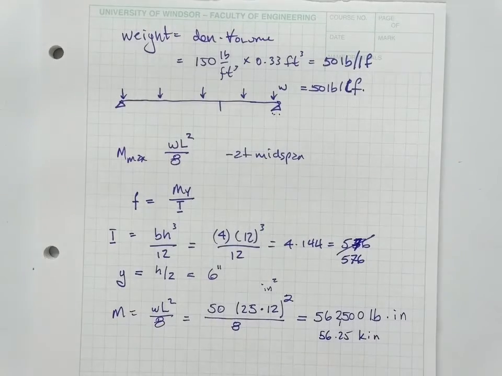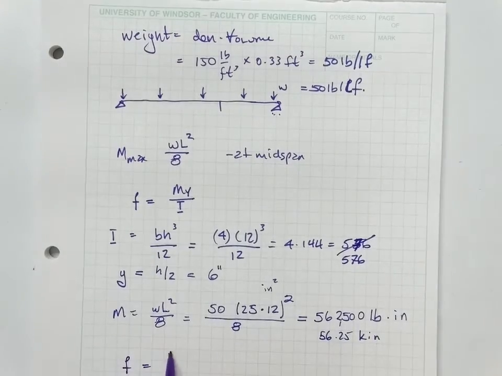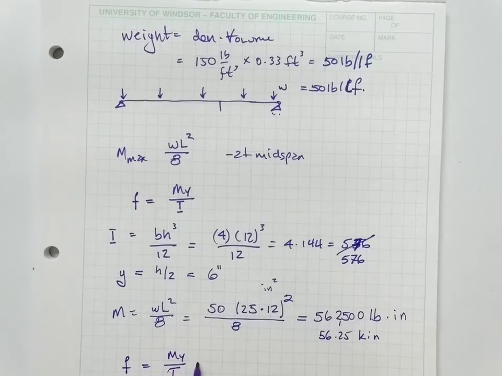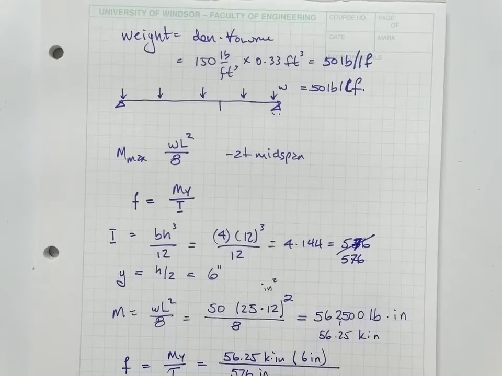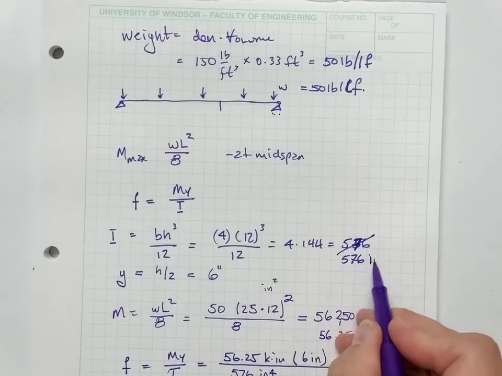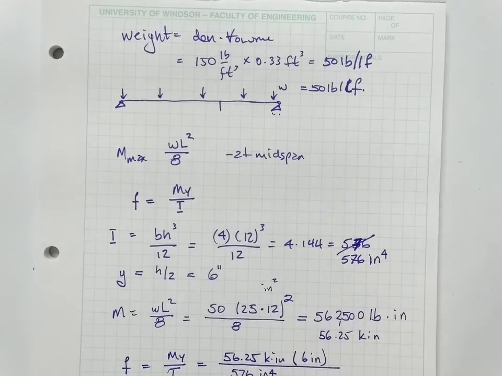Now I have everything. I can calculate my extreme fiber stress, right? I know my stress is equal to M y over I, which is equal to 56.25 kip-inches, multiplied by Y, which is 6 inches, divided by 576 inches to the power 4, because those are the units for my moment of inertia.